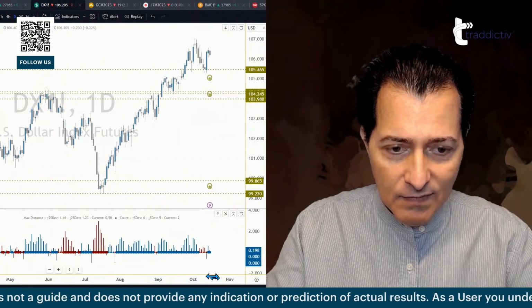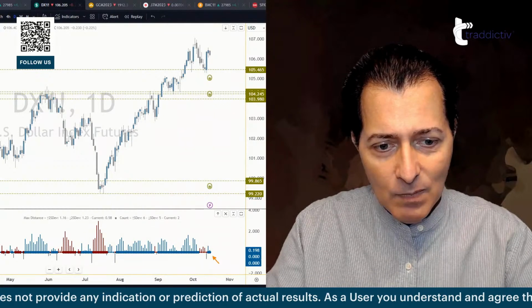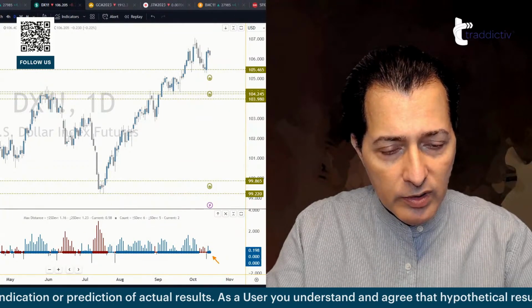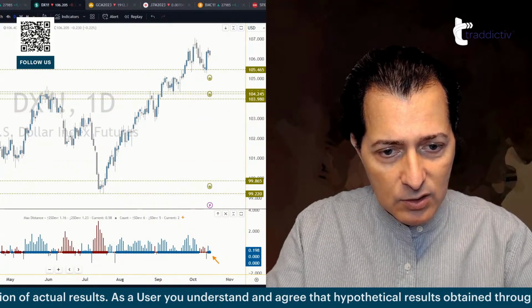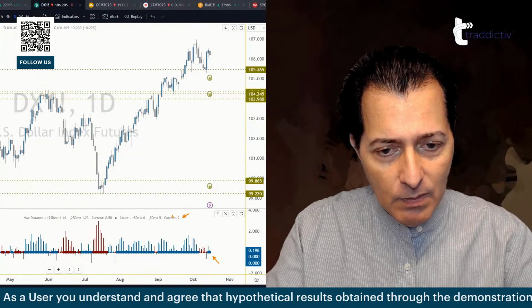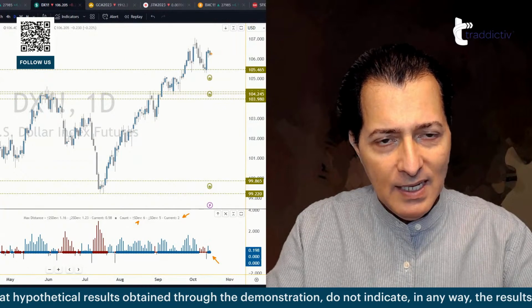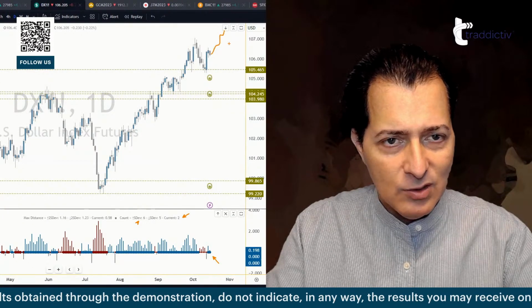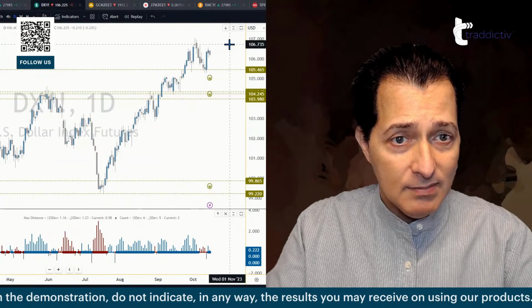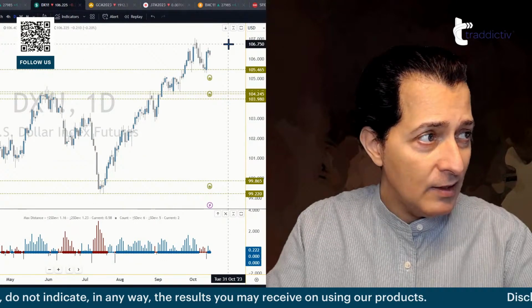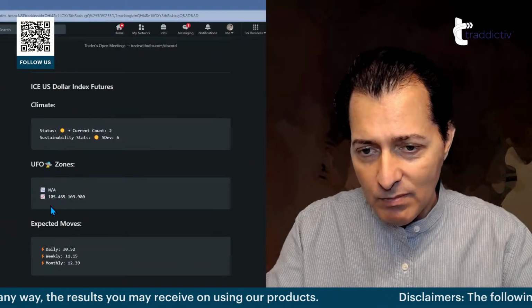So climate for the dollar index, it's an up climate, 2 thick dots. Okay, so we are in a confirmed blue climate. A normal thing to happen is 6 on the way up. So we may see the dollar index continue going higher. And by the way, no red UFO. This happens from time to time.